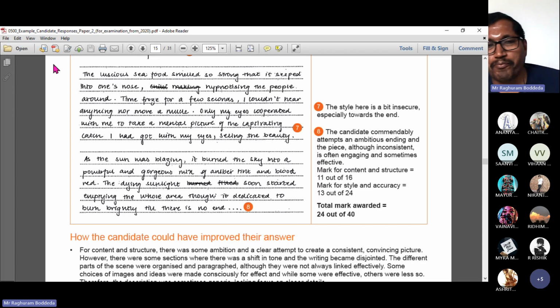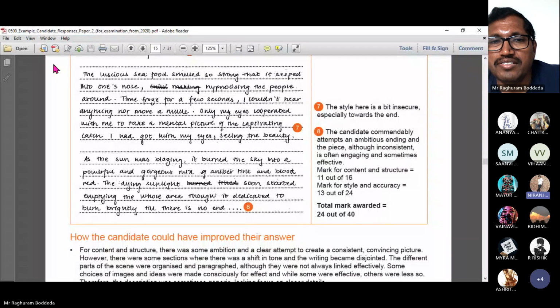Now you tell me, I thought you had gone through the previous paragraphs. How is this paragraph cohesive with the previous paragraphs? How are they linked? First they are talking about the landscape, then the people around, and now the food they get and how they enjoyed it.